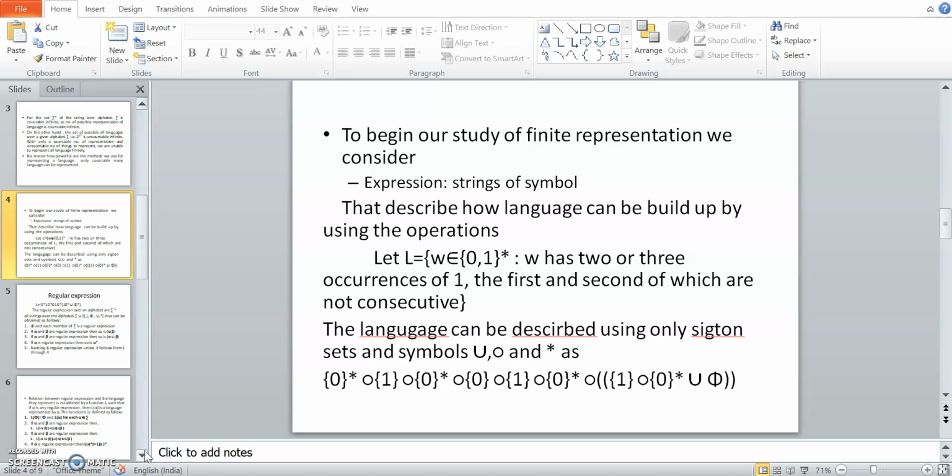Let's say L is equal to the set of strings W belonging to {0, 1}, where the alphabet set is {0, 1}, such that W has 2 or 3 occurrences of 1s, the first and second of which are not consecutive. The language can be described using only singleton sets and the symbols.